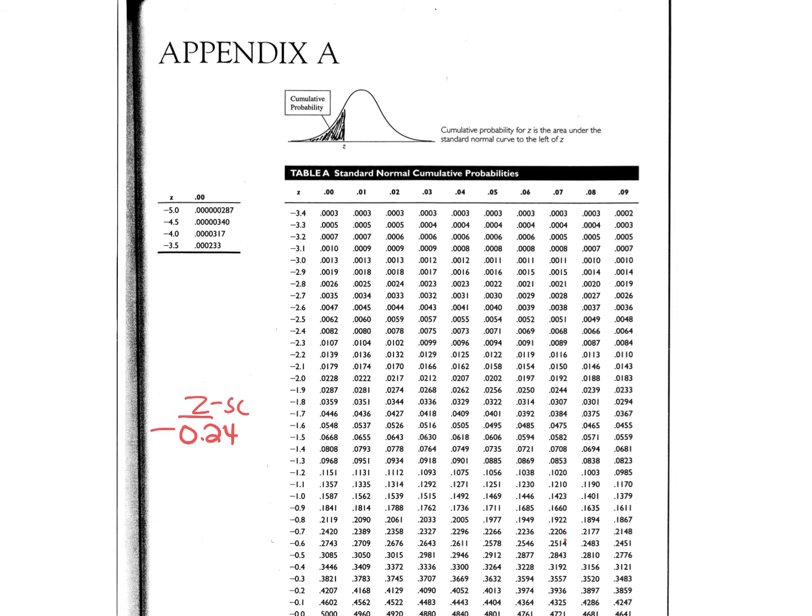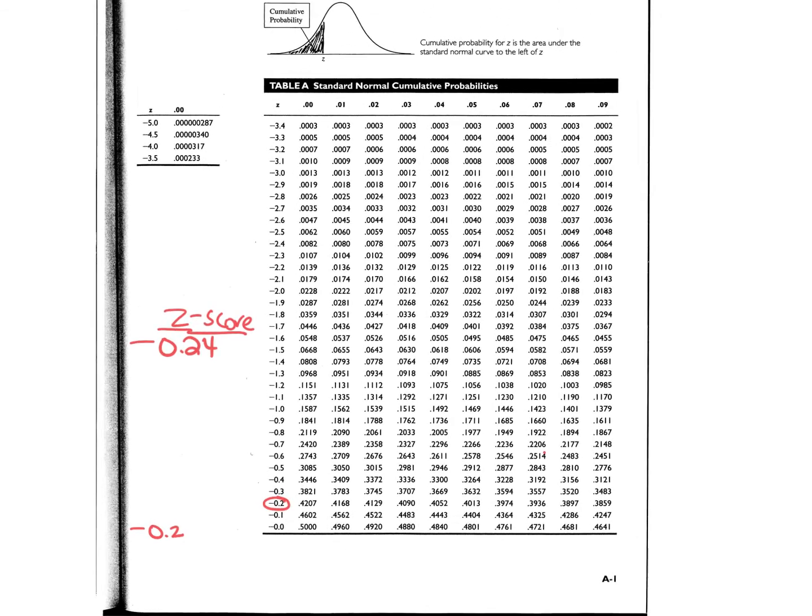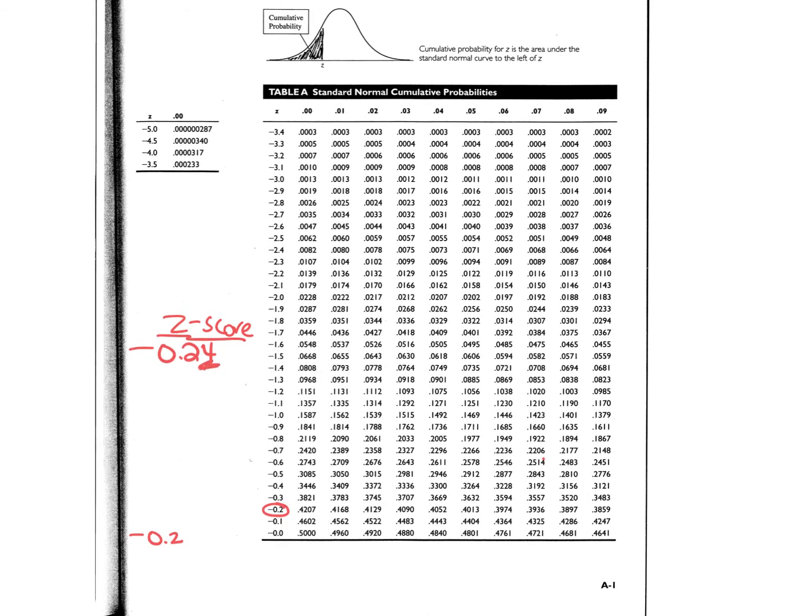So we're going to look up on the side here, negative 0.2. Here's a z-score of negative 0.2. And then I need a hundredths place of 4. So here is 0.04, negative 0.2, and negative 0.04 is negative 0.24.